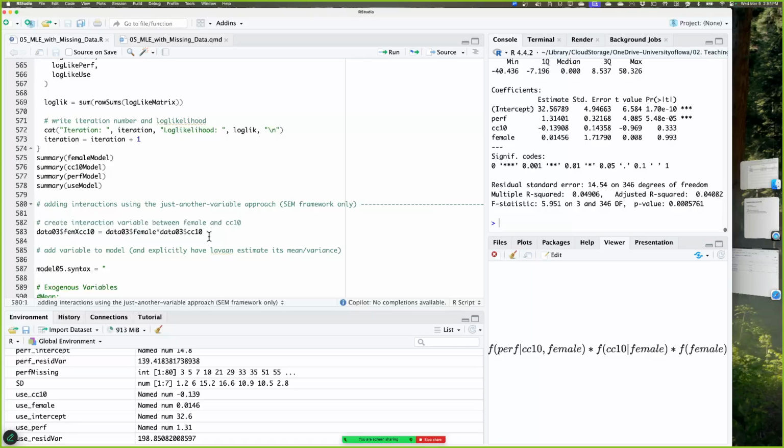Beyond that, multiple imputation, the methods I'm going to show you, do allow you to impute variables multiple times using the right distribution, in this case, a Bernoulli distribution for female. So it is possible to have a better version of this with Bayesian and with multiple imputation, but using maximum likelihood under the SEM approach with variables of mixed distribution types is hard unless you're willing to write your own algorithm. Okay?